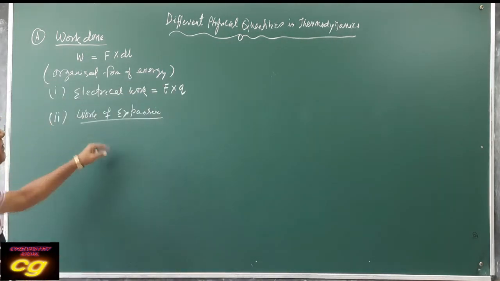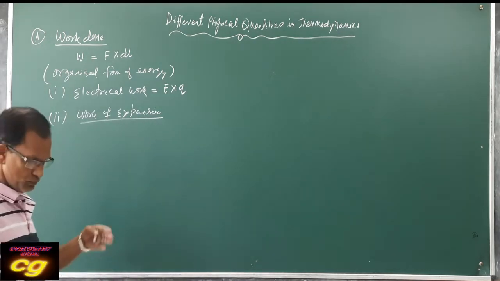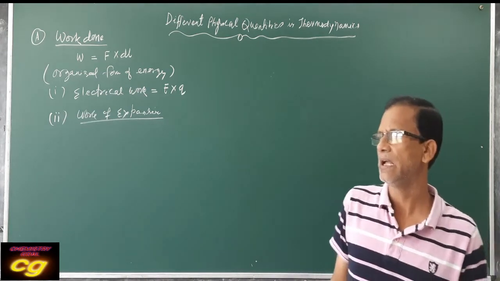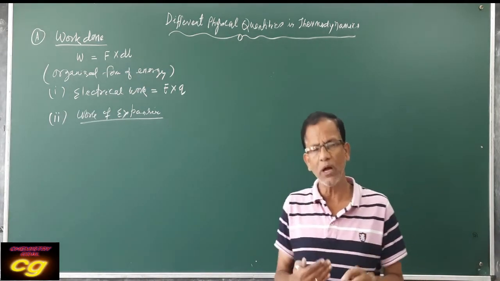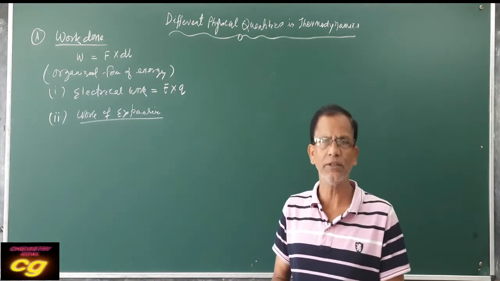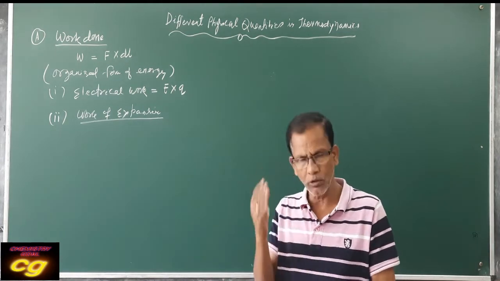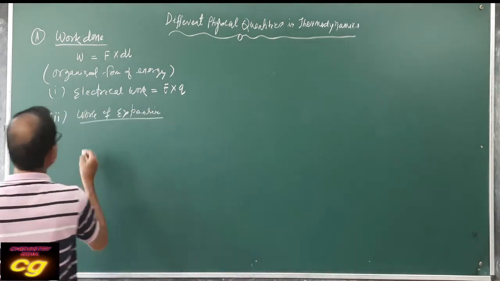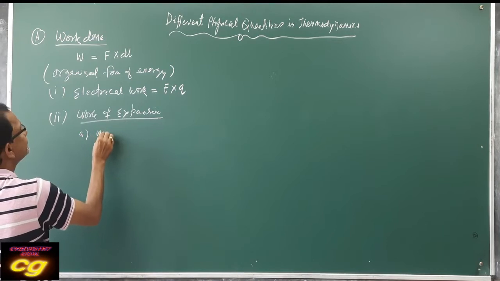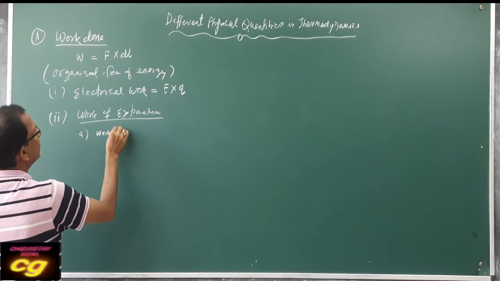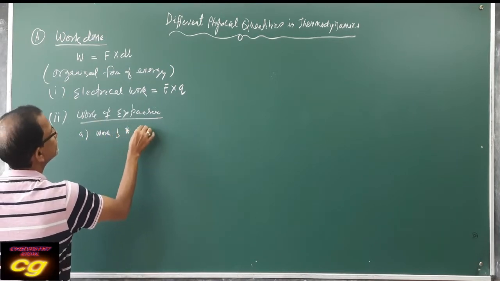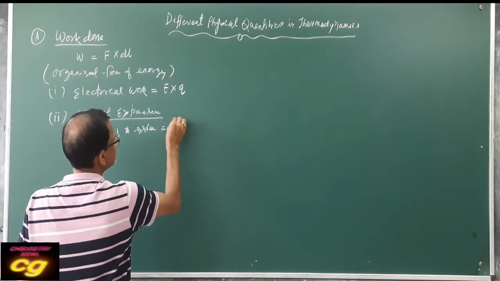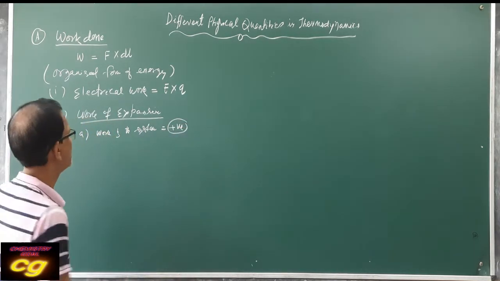And generally, for a particular system, we can derive work from the system, or work is done on the system. Work can be done in two ways: work by the system and work on the system.